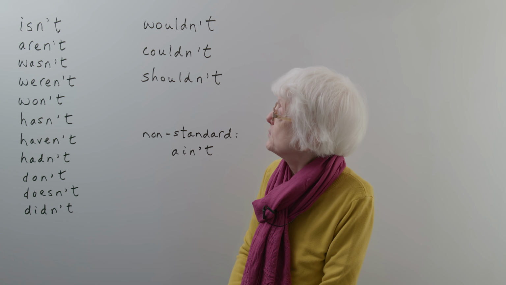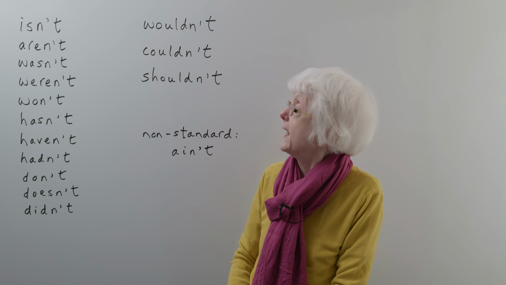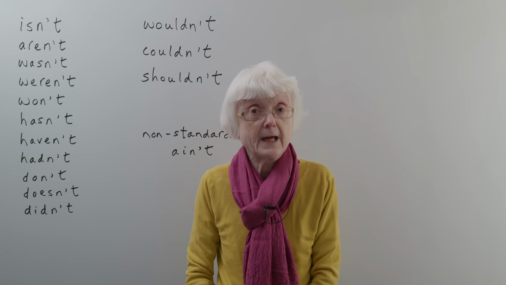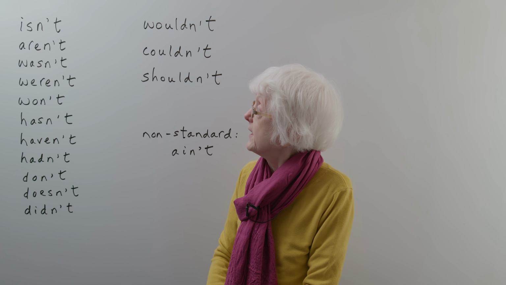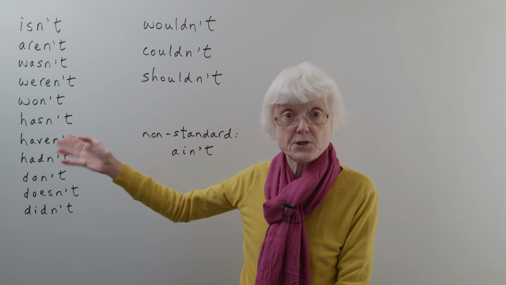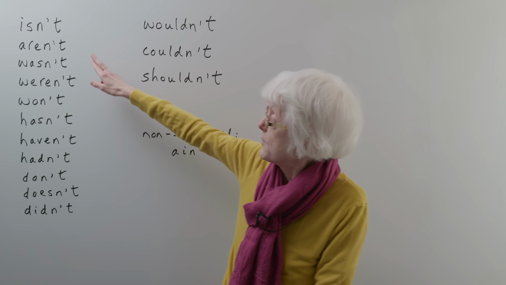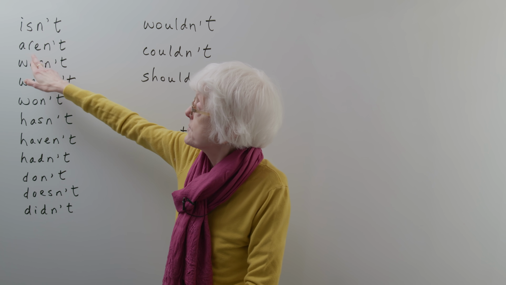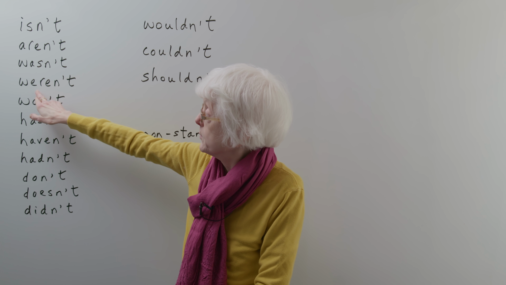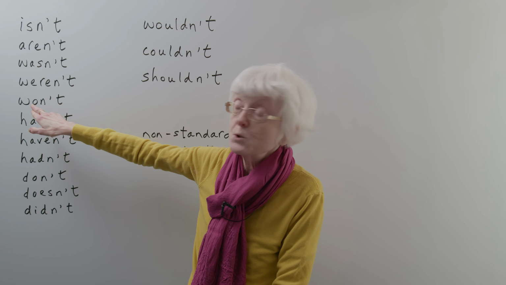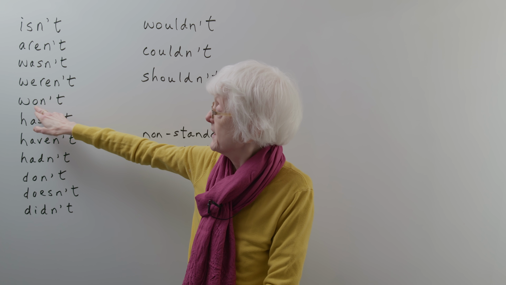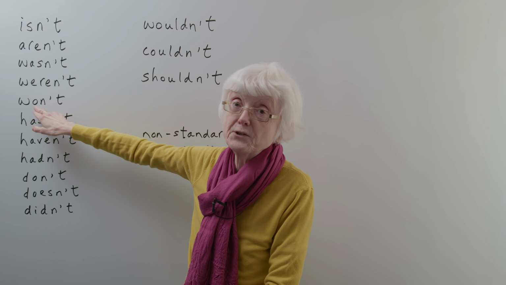Okay, so these are contractions and how to write them and how to pronounce them, just like in the other lesson. And it's particular verbs that are used with these. So the verb to be, with is and are, including the past tense, was and were, and the future, will, which changes its spelling to W-O rather than W-I.